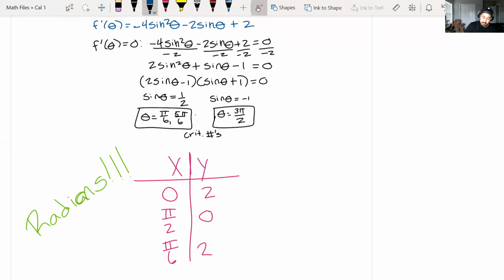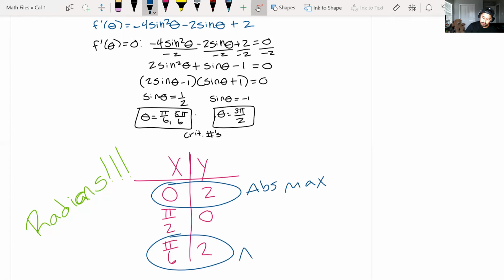Perfect. This means that I have 2 absolute maximums. And then I have 1 absolute minimum.